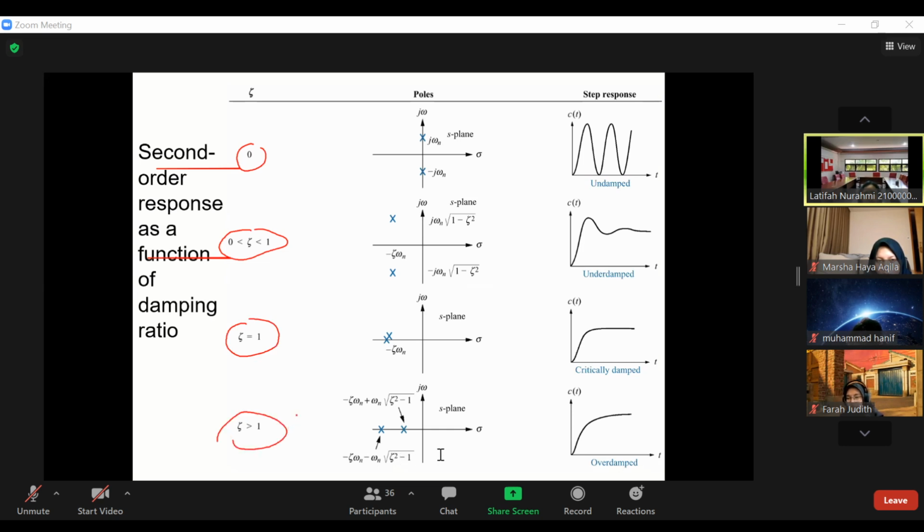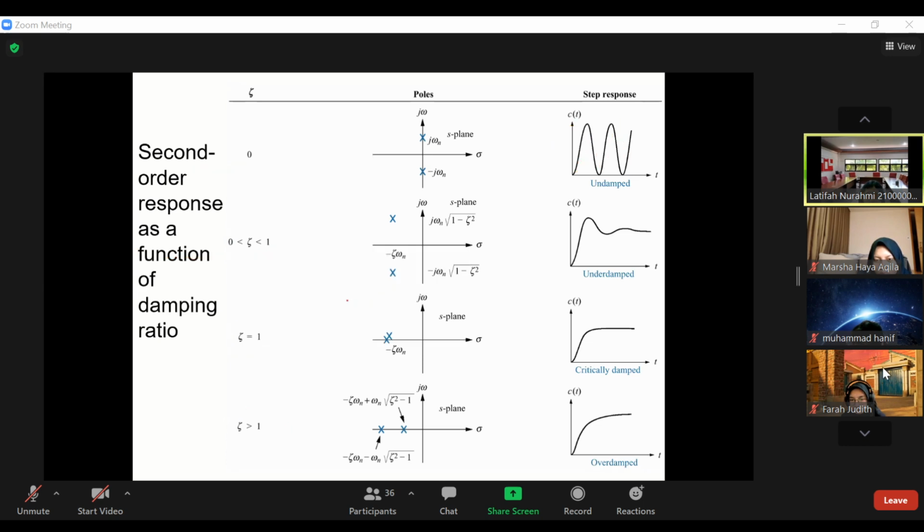Okay. If you don't have a zeta, you don't have a damping ratio, you don't have a damper at all, what will happen? Your system will always oscillate, right? Because there is no damper or shock absorber, right?